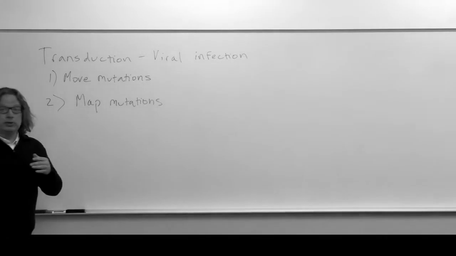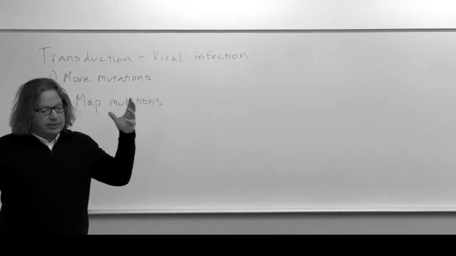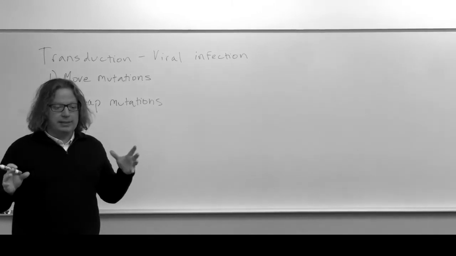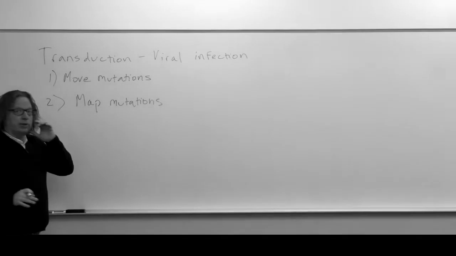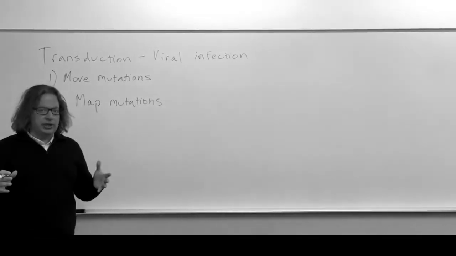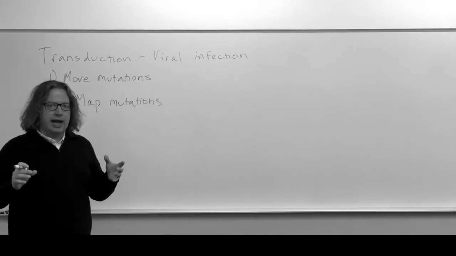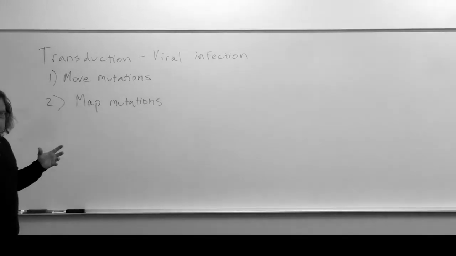Here we're going to use TN5 as a method for mapping mutations and even sort of trapping them in place. Okay, so the way that we're going to use viruses here is to actually use a viral packaging mechanism or machinery to actually move genetic material from one cell to another.